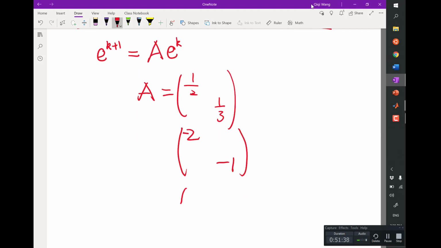Now here's the tricky question. How about 1, minus 1, minus 1, 1? Is the error going to decay or grow?